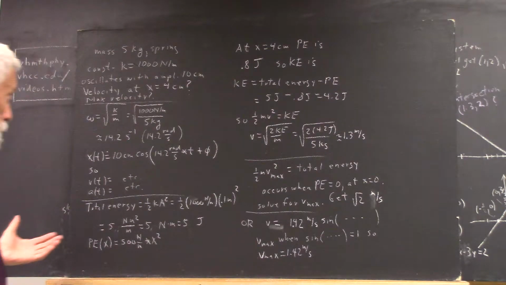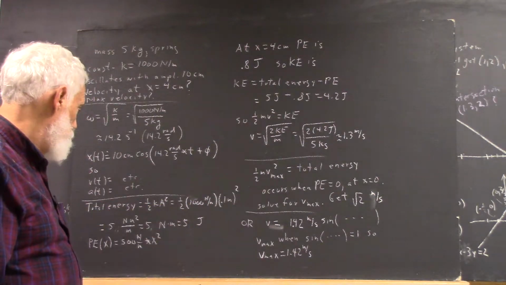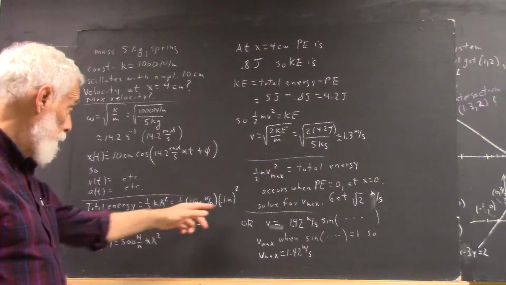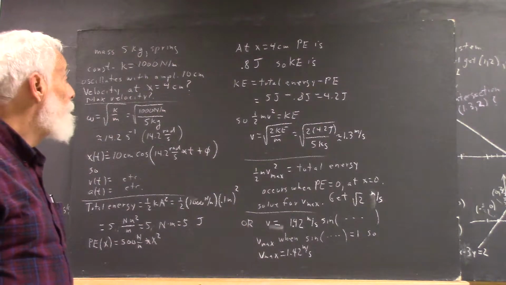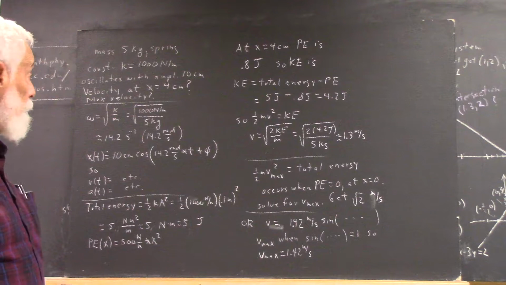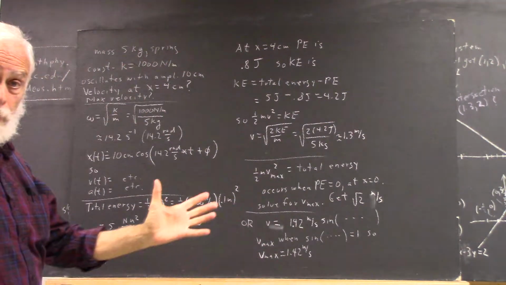So 1/2 K x squared, well, there's K, there's 1/2, and instead of 0.1 meter, instead of a, you put in x, and this is the expression you get. That's very straightforward. So now we know a lot about this oscillator, just from the mass, the spring constant, and the amplitude. We get all this.